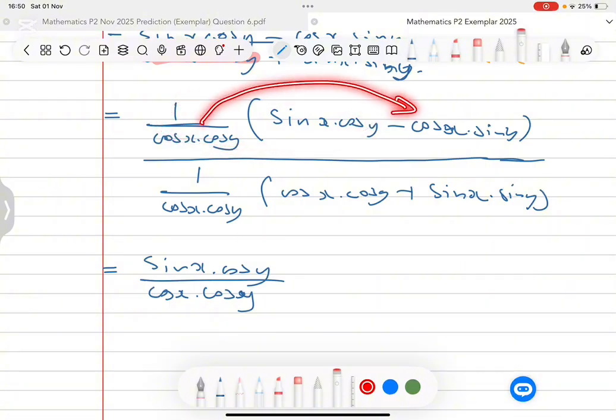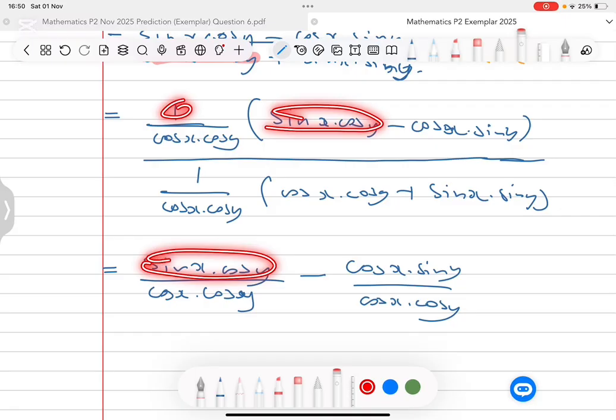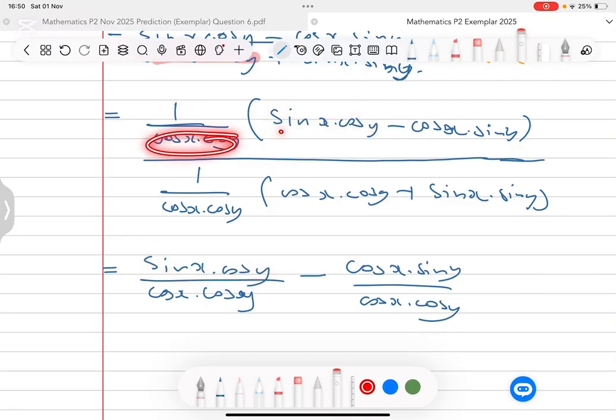The second part will be a minus cos of x sine of y all over cos of x cos of y. Remember, the 1 multiplies this number, so it sits here, and this one will multiply an invisible 1 there and here, that's why it will sit there.